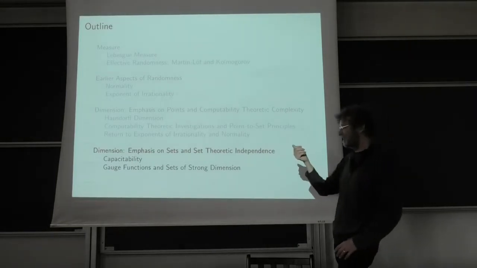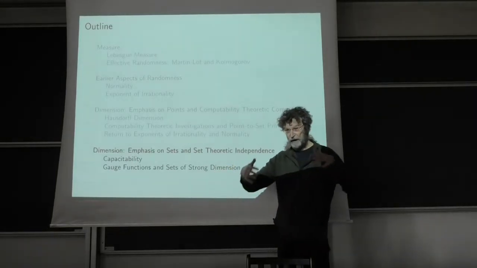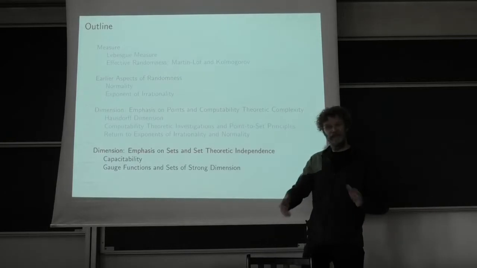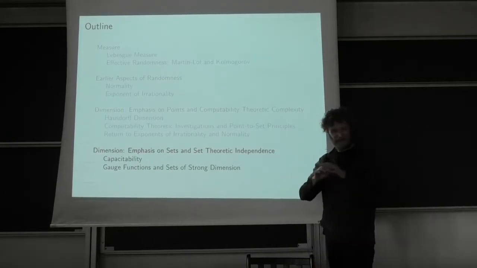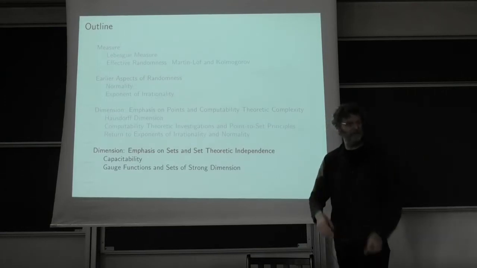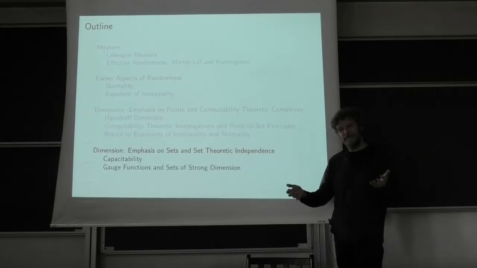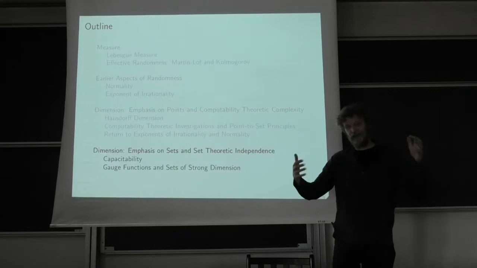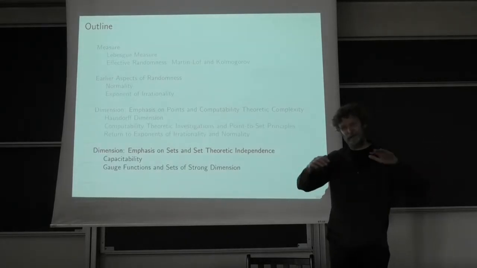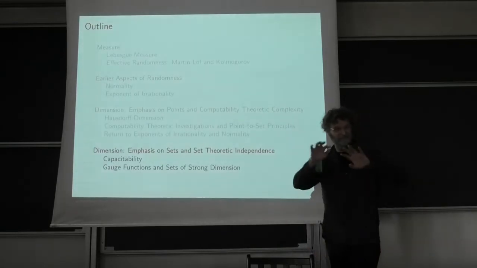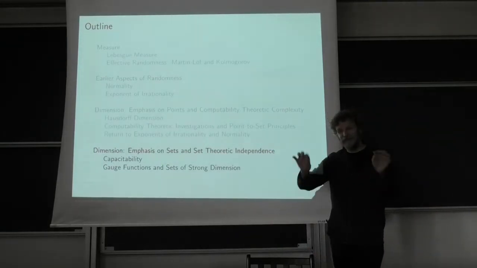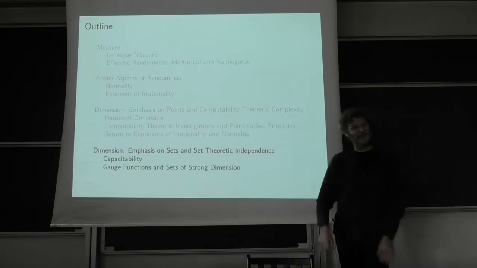Right? And capacitability says if you have an arbitrary set, its fundamental geometric constants, dimension or measure and so forth, are supported by a closed set. So it's got a closed core, a concrete core, and the rest of it is kind of ornamentation, little sparkles around it or something.